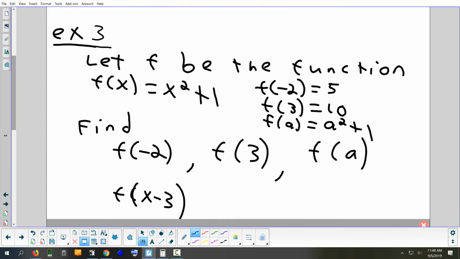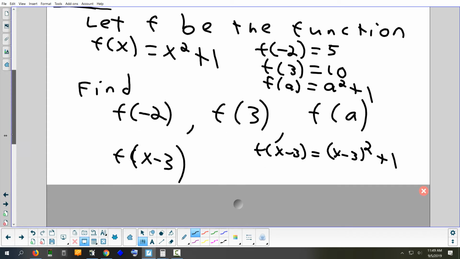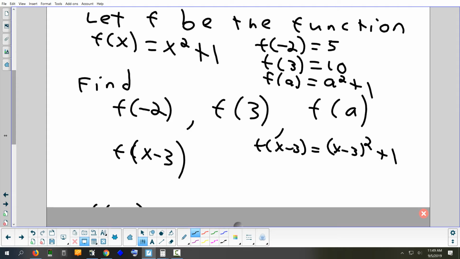Let's plug in x minus 3 for x. I ran out of space, but if you have more room, you could put this right next to the other 3. So that would be x minus 3 squared plus 1. Now that x minus 3 squared you can simplify, but you have to remember, it means this.